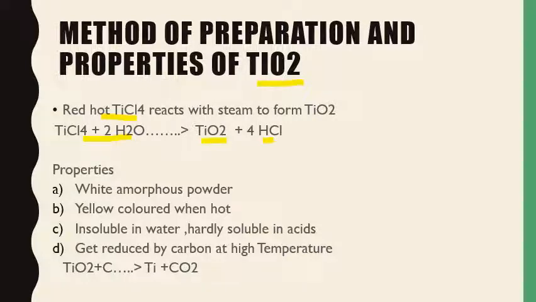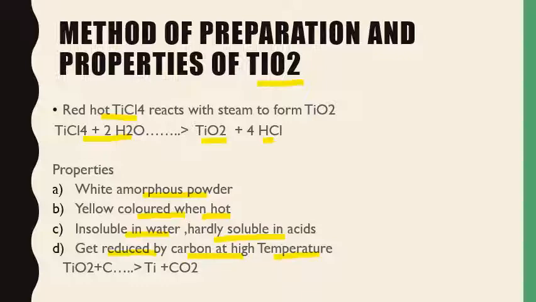The properties: it is a white amorphous powder, and it is a highly bright powder. It becomes yellow colored when hot, insoluble in water, hardly soluble in acids. If we talk about its property, it can easily be reduced by carbon at high temperature.